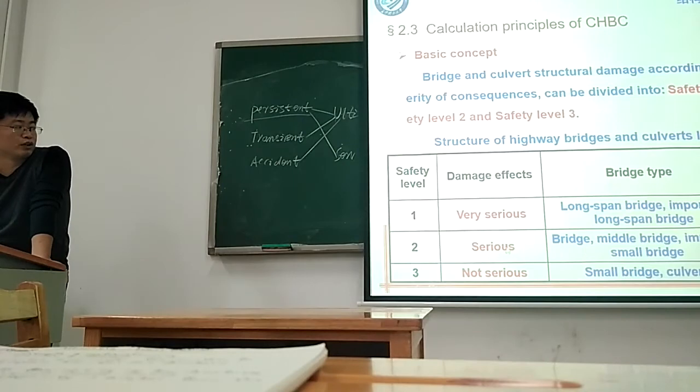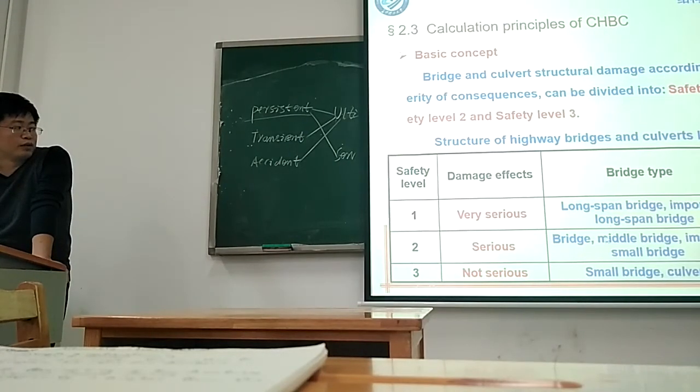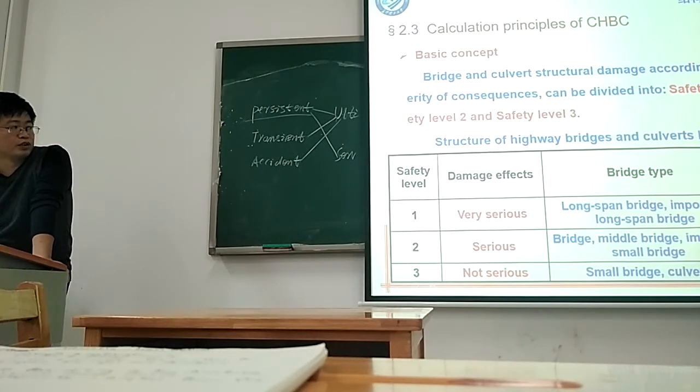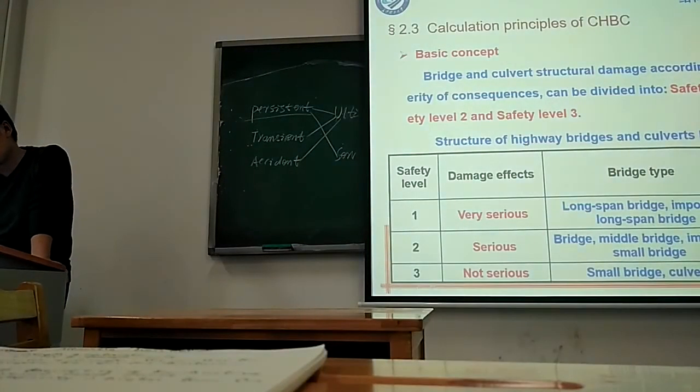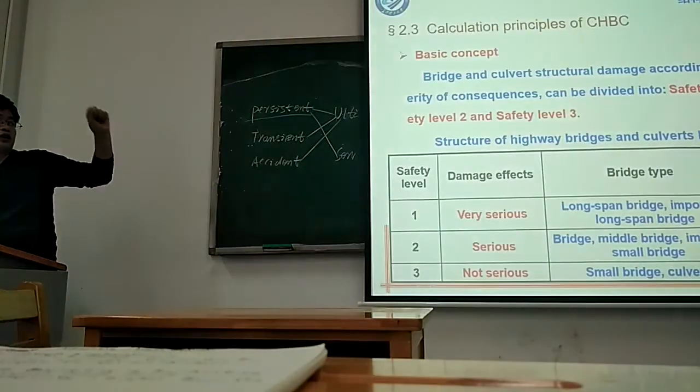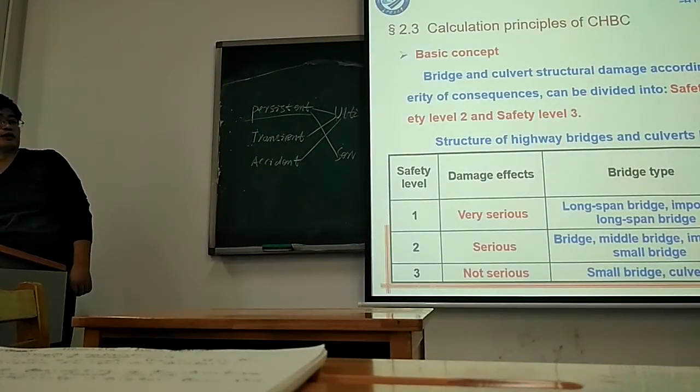For the second level, for the medium bridge, something important but smaller, this level, the coefficient gamma 0 is 1.0. For a small bridge or culvert, it's not serious, this coefficient gamma 0 just take 0.9. So different levels of gamma 0 take different values.